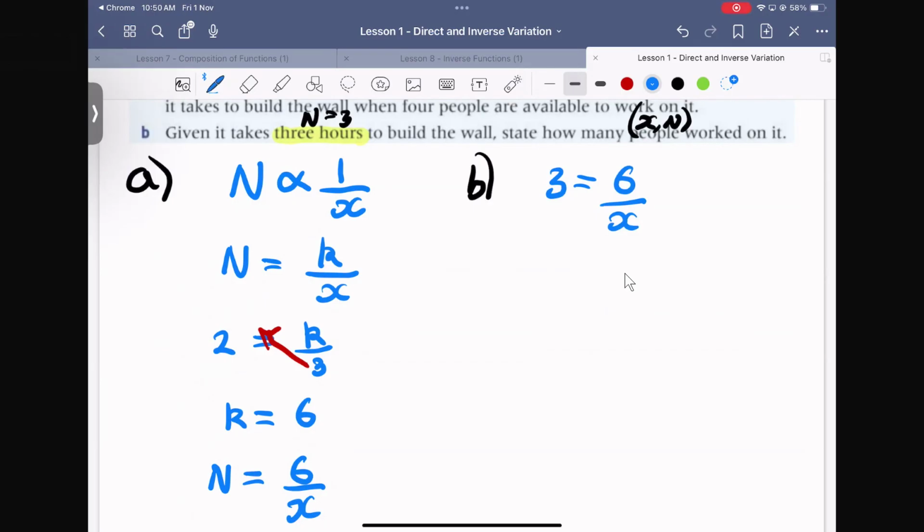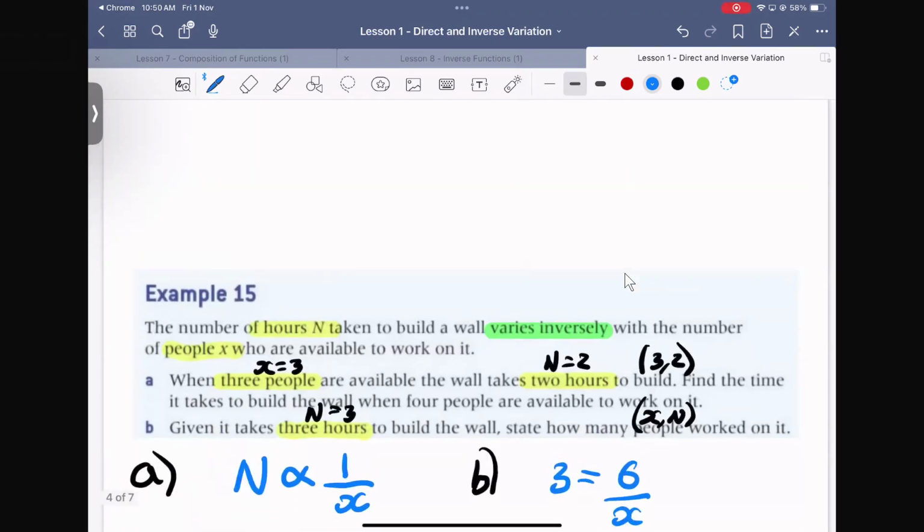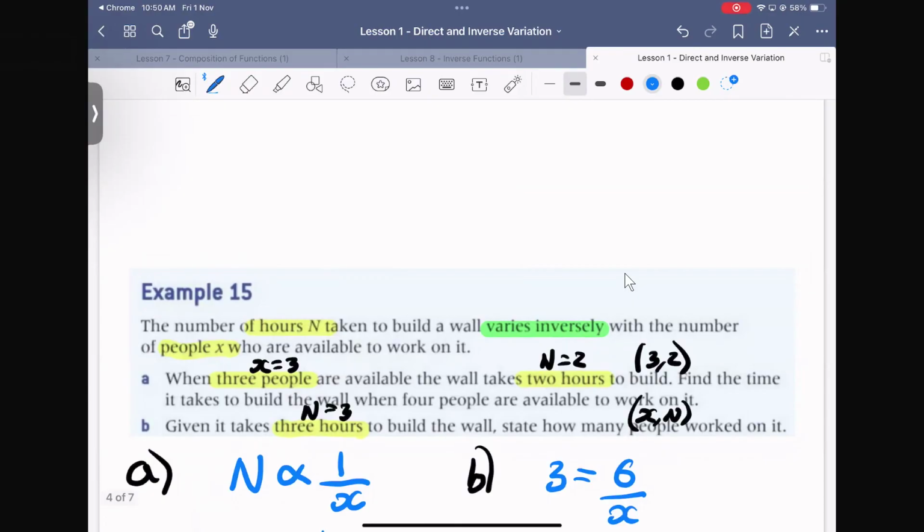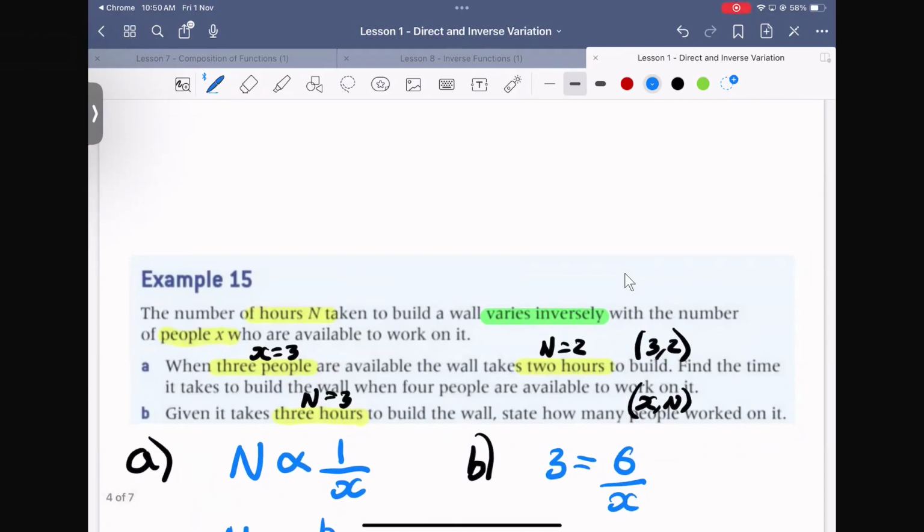Use your calculator to solve this now. What is the value of X? And solve if you wish. So have a go at solving this equation here. Right.